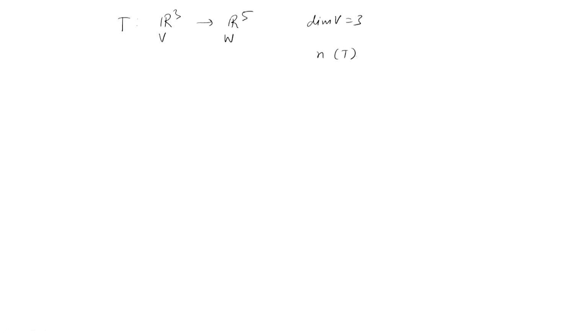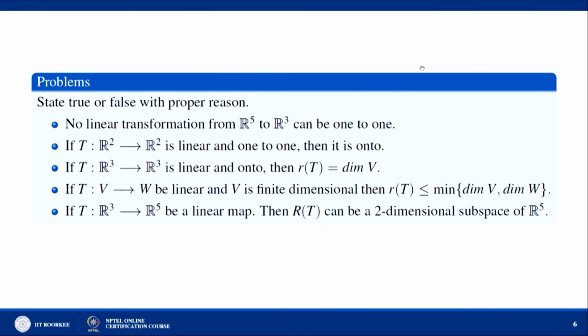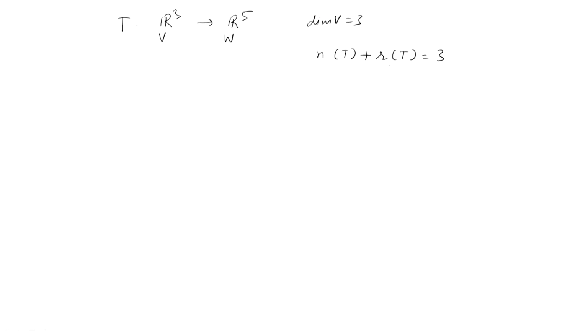Now, nullity of T plus rank of T is equal to the dimension of V, which is 3. So, we have to see whether there exists a 2-dimensional range of T. Yes, there exists. If the rank is 2 and the nullity is 1 for some T, then 1 plus 2 is 3. Yes, there exists.